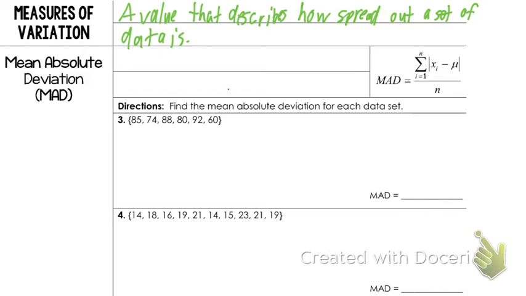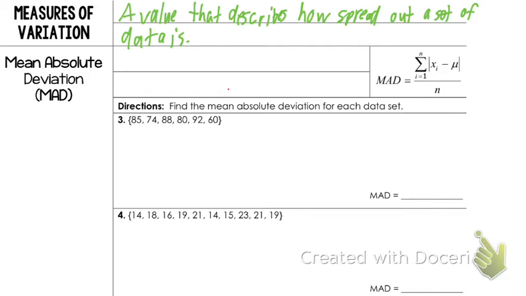The mean absolute deviation is one of these ways that we can measure it. We have some different ways to measure it. And Tucker said, this formula kind of looks scary. And it does. Okay? Now, it's actually not as scary as it looks, though, I'll be honest with you.